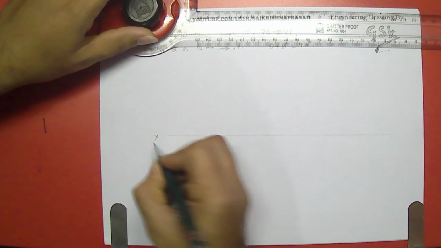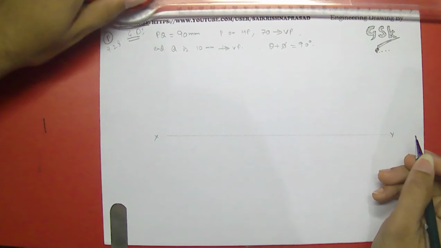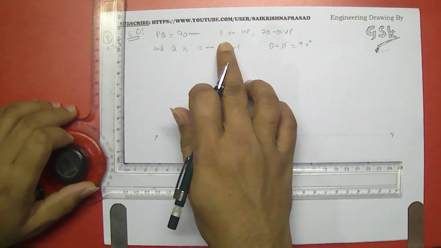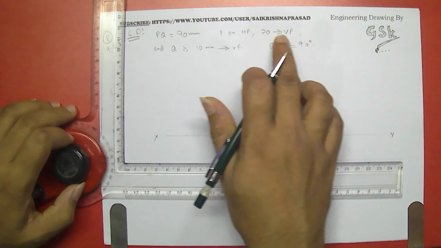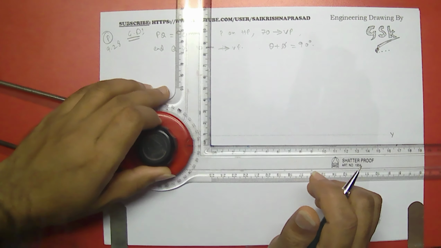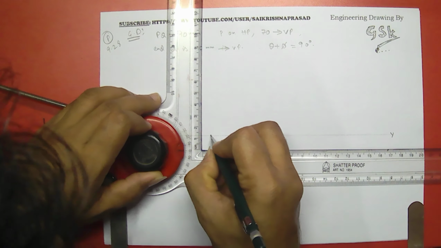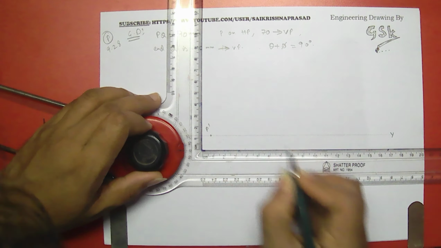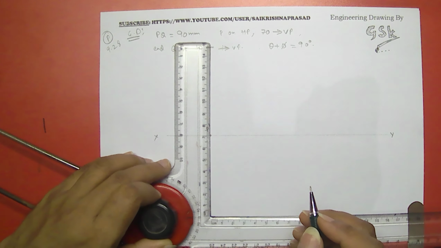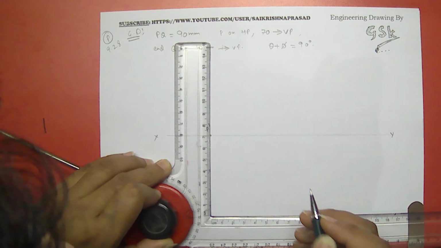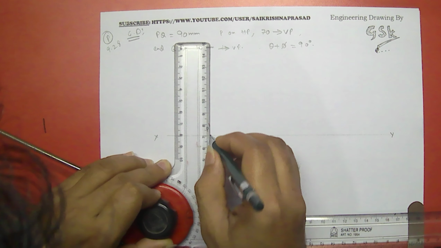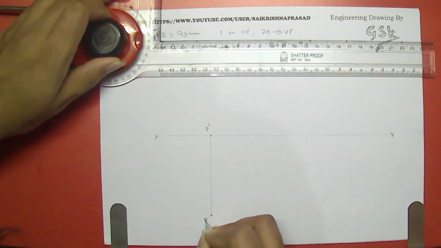Here I am taking the reference line over here, and I'll first mark the position of P, that is on HP and in front of VP. So I'll be taking the point over here. This is P dash, and down to the front view it is 70 mm. Here our P comes, right?